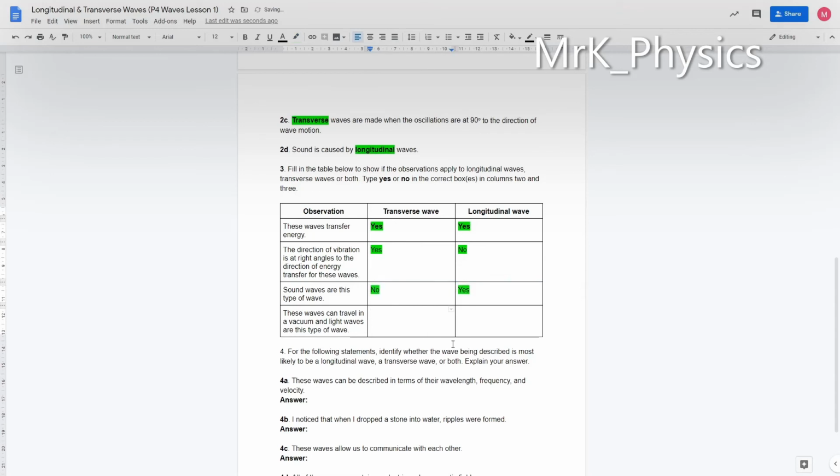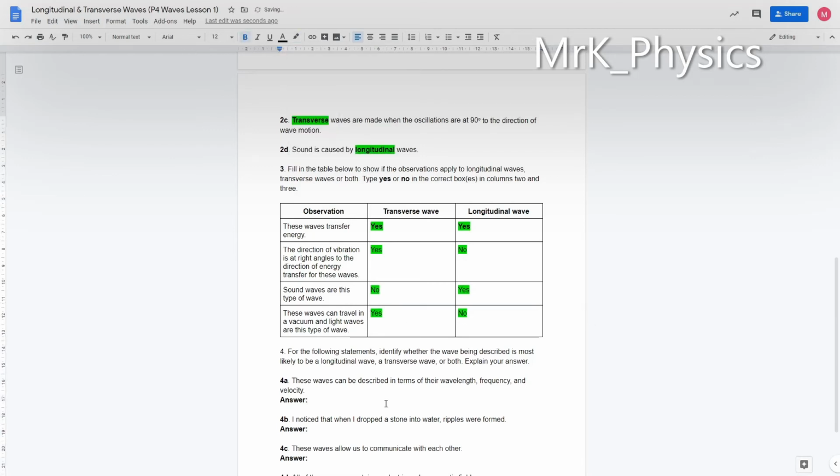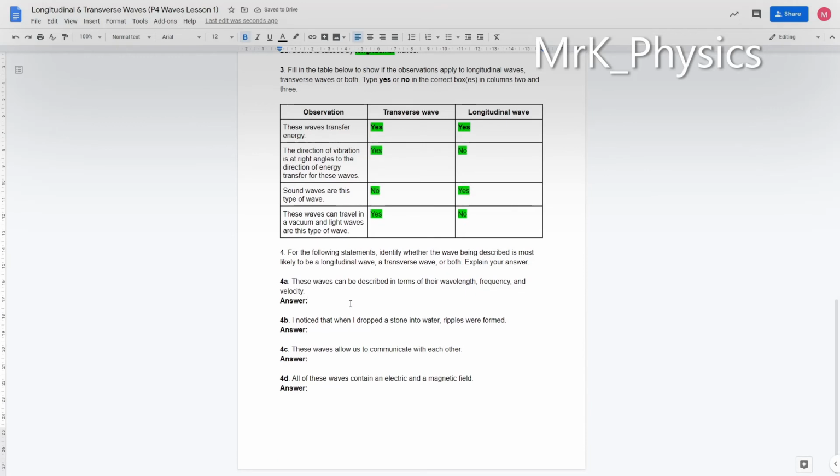And these waves can travel in a vacuum, and light waves are this type of wave, and that is transverse. Light waves, all EM waves, are transverse and can travel in a vacuum. So we'll go with yes and no. Okay, for the next one, it says these waves can be described in terms of their wavelength, frequency and velocity.